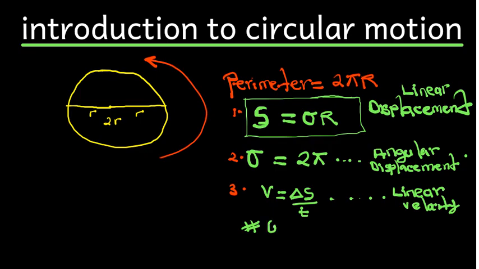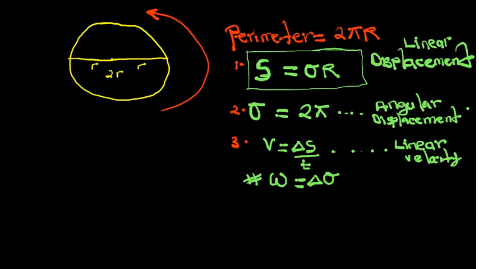If the change in s is talking about the linear displacement, in relation to the angular displacement we're talking about theta. So it is going to be change in theta with respect to time, and time is a quantity that never changes. So that is the t. When you're describing this, this is called the angular velocity.